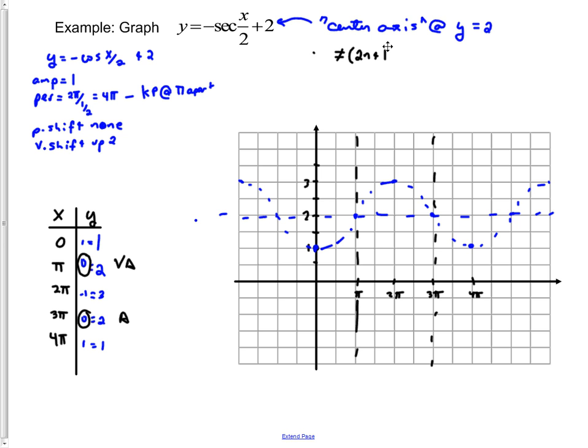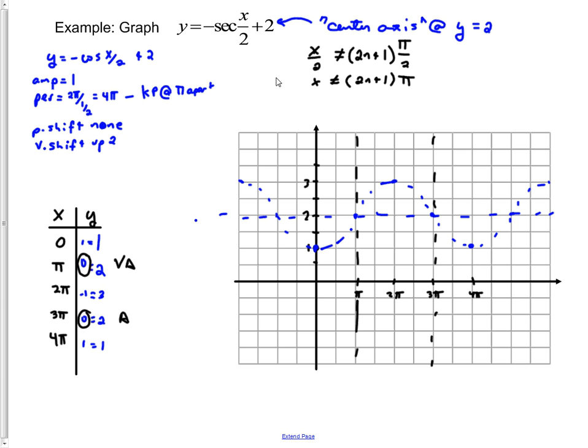Odd multiples of pi over 2 had to be excluded. The only difference is that instead of being x, it's x over 2. So we set our argument x over 2 not equal to (2n plus 1) pi, and when we multiply both sides by 2, that gives us x not equal to (2n plus 1) times pi.